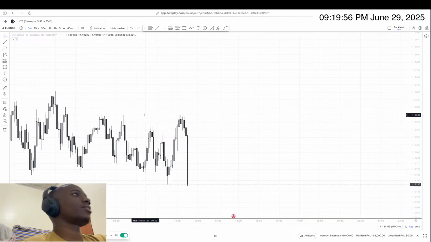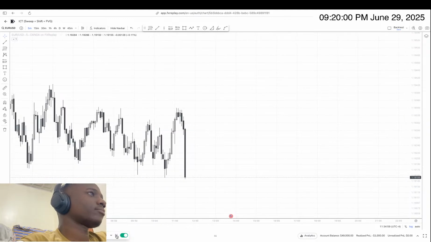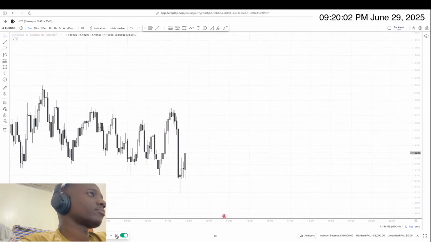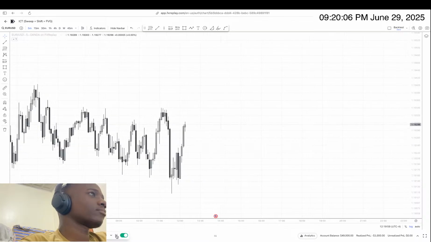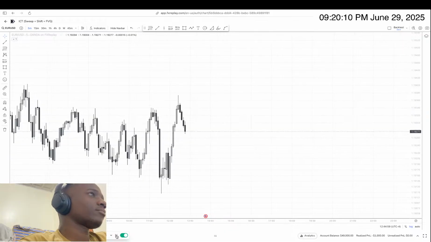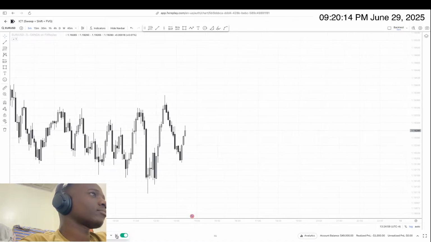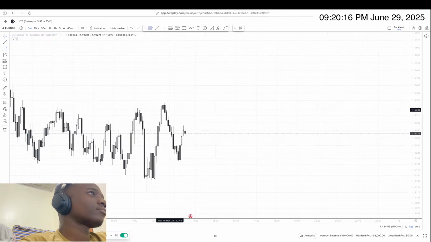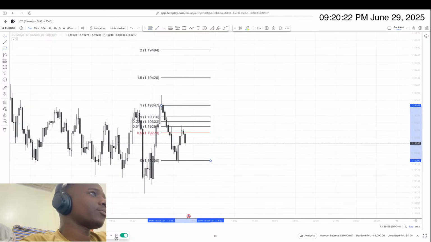We have equal highs here, a very nice liquidity zone. Drop, touch OTE by a bit.